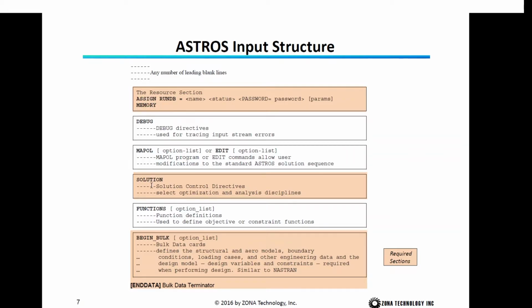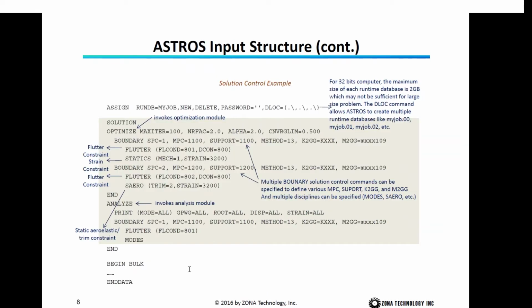Then you have a solution control section. In the solution control section, you can define if you want to perform optimization or analysis. They're all specified in the solution section. Then you have the bulk data card section, and you have to use end data to end this input file.